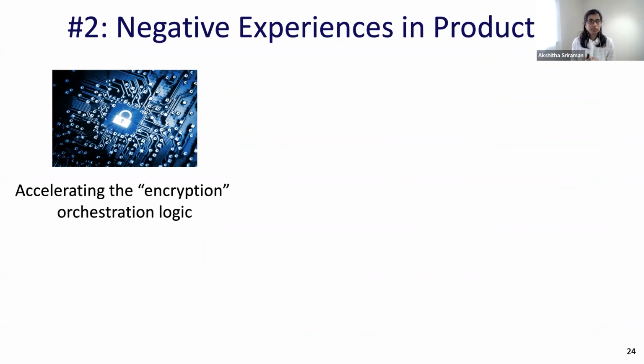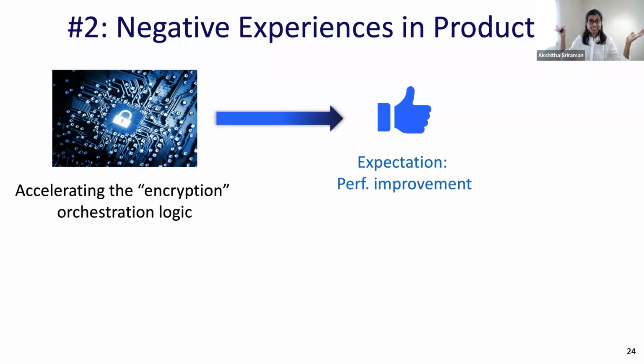Now, the second reason is that some of these existing accelerators don't particularly work well in production. So for example, I had some really interesting experiences at Facebook when we were trying to deploy a new accelerator to optimize away some of this encryption orchestration overhead. And the hardware vendor had promised us some fantastic gains. So we said, that's great. And we went ahead and bought some of these hardware devices and started offloading these encryption operations to them.